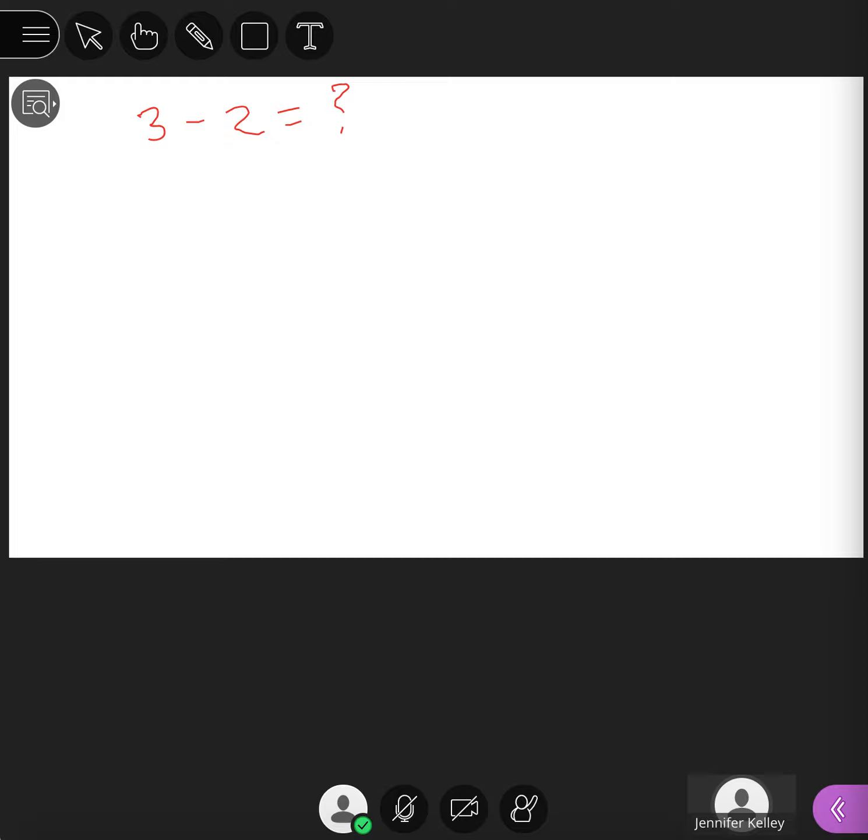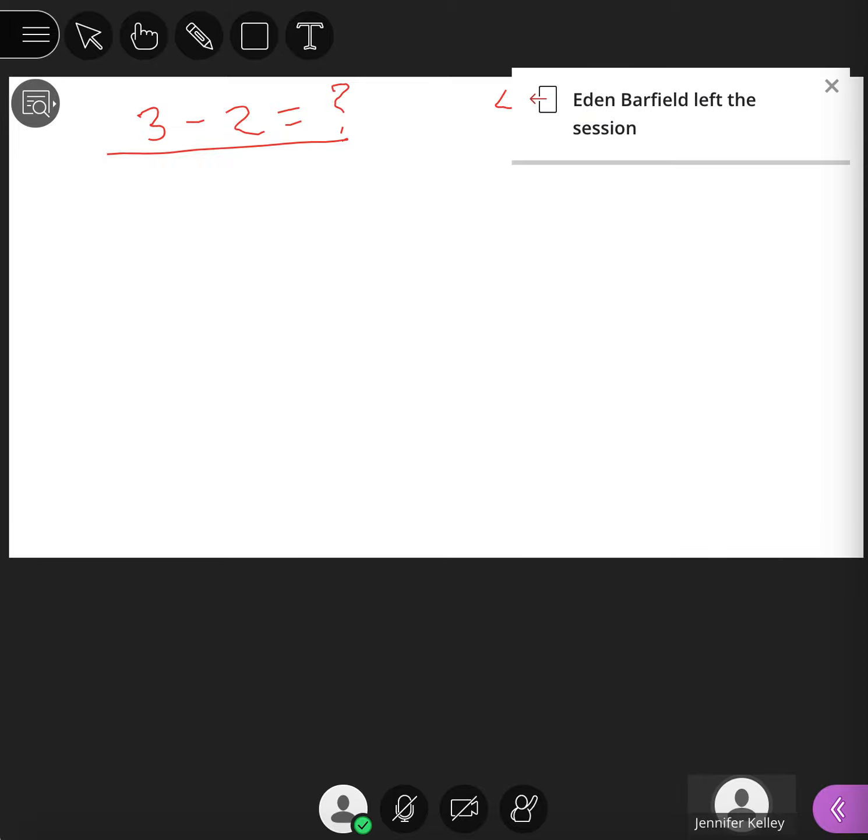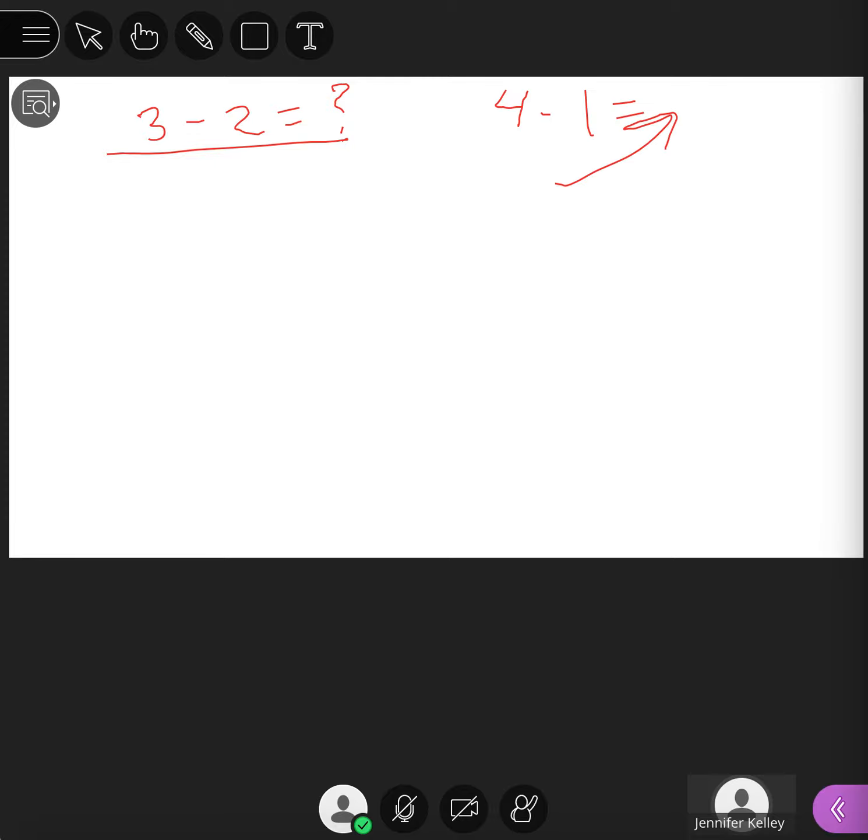Then I could show a friend that that's my question, and say I have no idea how to figure that out. My friend couldn't do this problem, but they could show me something like 4 minus 1. And then by showing me how to do that one, I could figure out how to do this one on my own. All right, so that is perfectly okay.